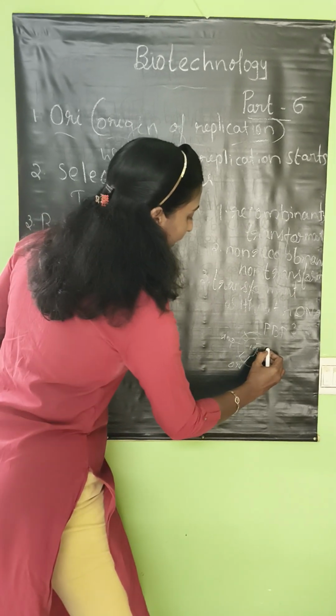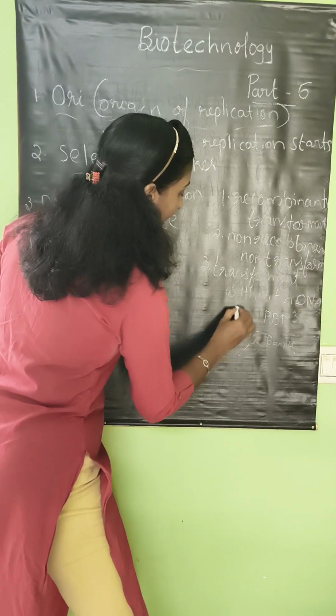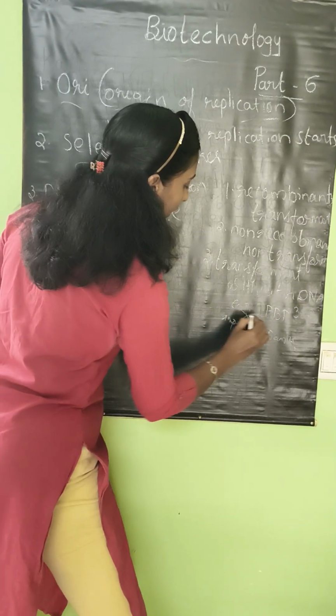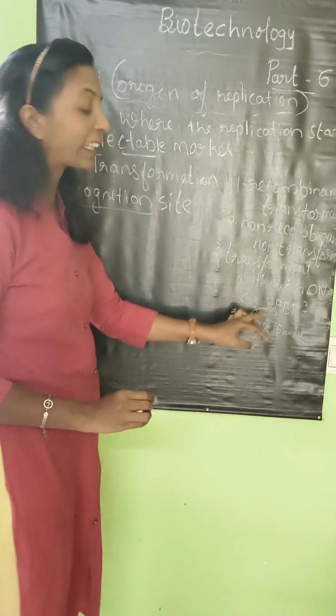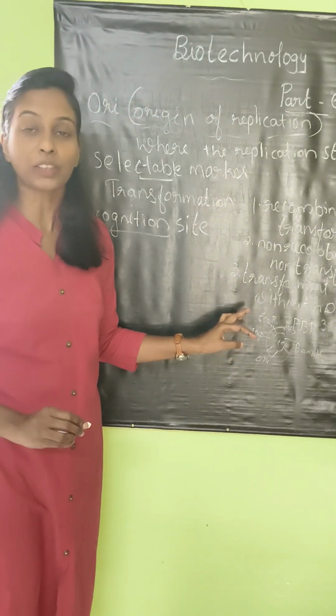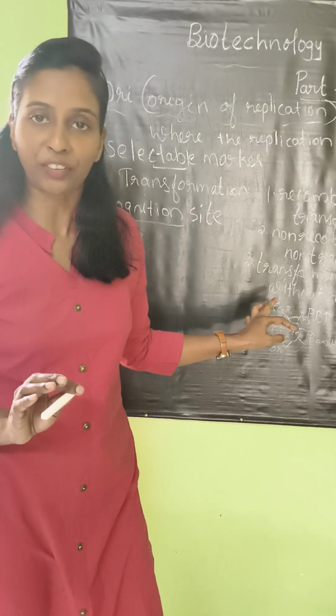In between there are BamHI and EcoRI, and here PstI. So there are recognition sites present, and these are used for cloning our gene of interest.